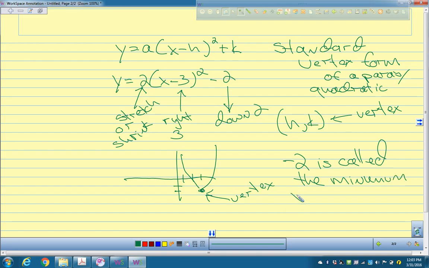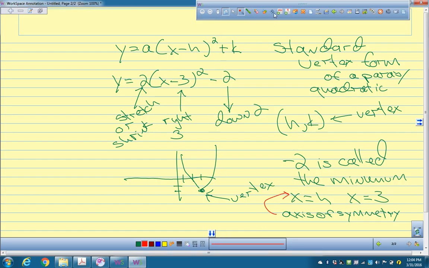And x equals h, in this case x equals 3, is called the axis of symmetry. You should know these words, because you're going to have homework on it, okay?